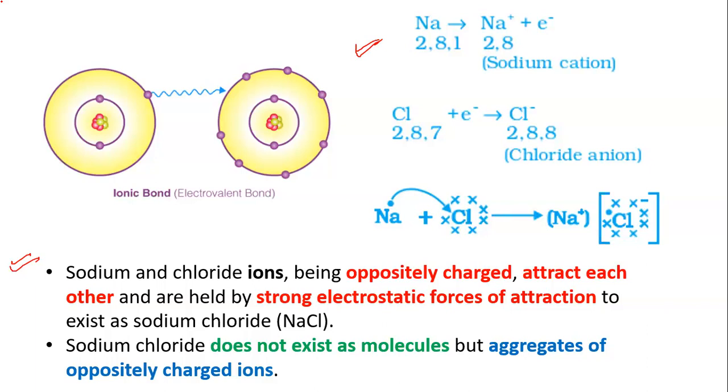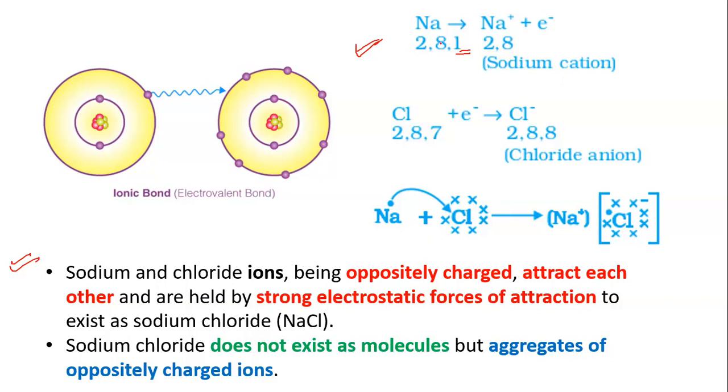Excuse me, ma'am. Yes, Rizwan. Ma'am, can you explain that third thing, chlorine, with the cross symbol? Yes. See, only the outermost electrons, these valence electrons, participate in bonding. Whenever chemical bond formation takes place, only outermost electrons, valence electrons, participate.